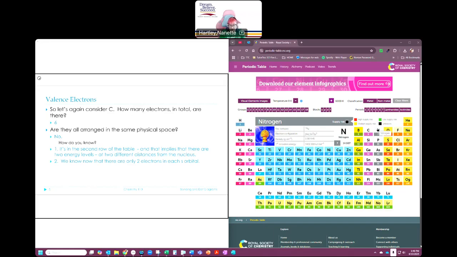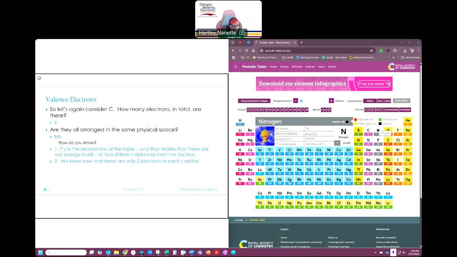And so we know that there are at least 2 different energy levels that we're talking about. Those 2s and 2p are not exactly the same. We're not really sure how they're different, but we know they're slightly different in energy from each other, because there's an S and a P. We know that from what we did in ALEKS in the beginning.